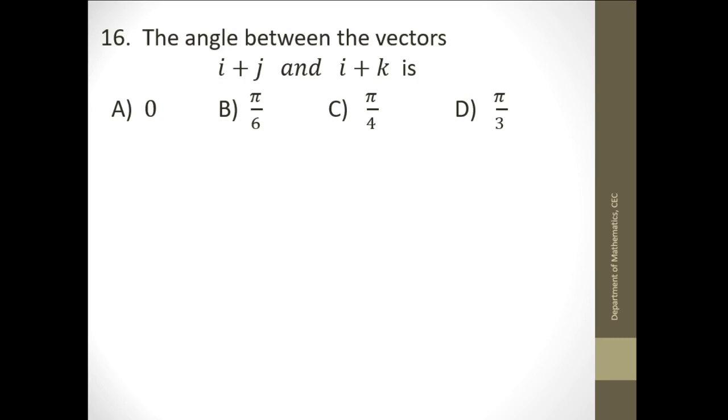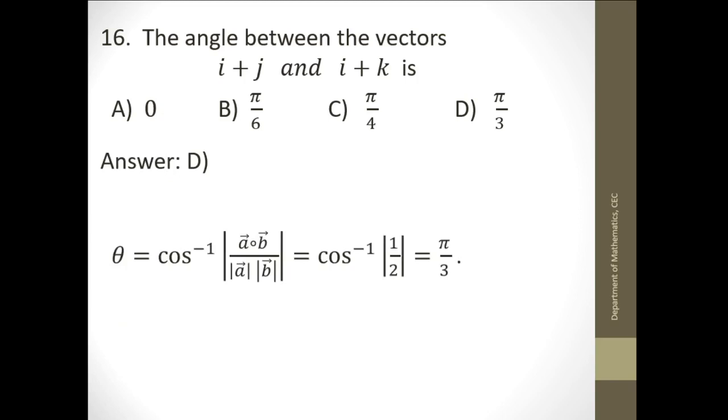Because here the first vector has no K, therefore 1 1 0 and 1 0 1. A dot B becomes 1. So 1 by root 2 into root 2, 1 by 2. Cos theta is 1 by 2 means theta is cos inverse of 1 by 2. Cos of 60 degrees is half. 60 degrees means pi by 3. So answer is D.